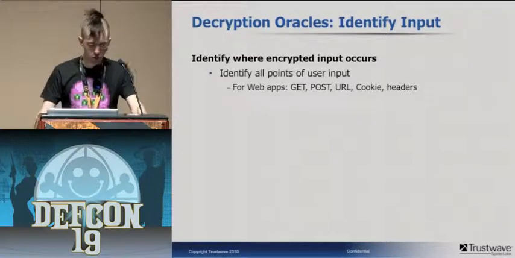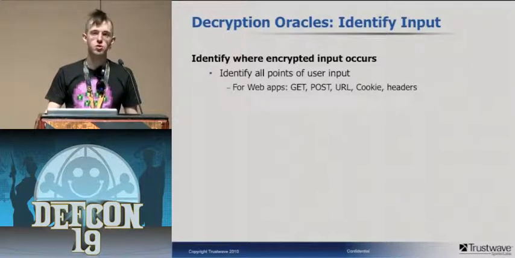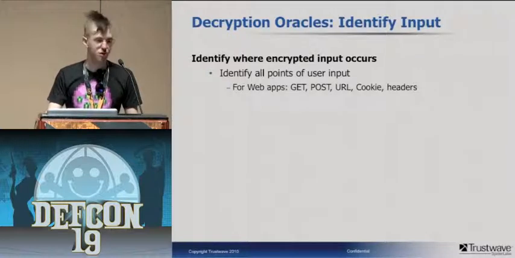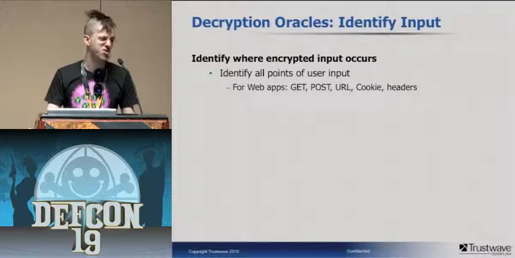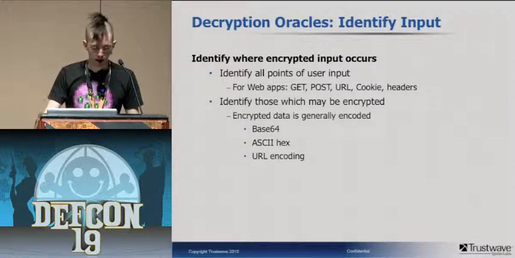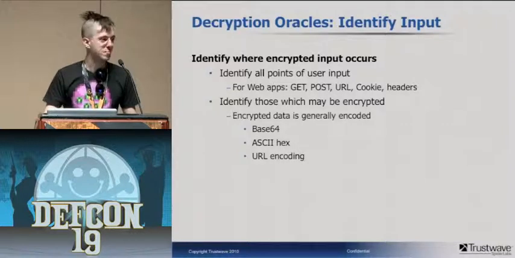So when we're looking for decryption oracles, we're going to look for ciphertext being passed in as some sort of input. You're going to want to look for all points of user input: GET, POST, URL, anything in the cookie field or in HTTP headers, which is a little bit rare, but can happen. And then identify those which might be encrypted.